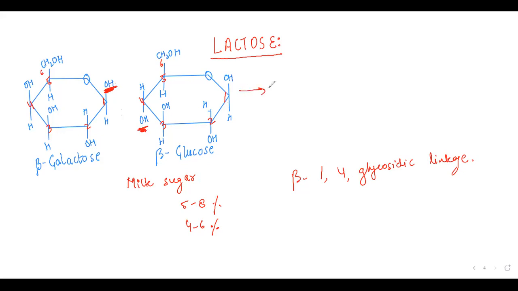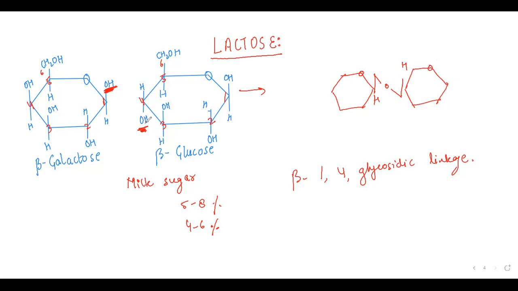So this kind of bond will look something like this. We have hydrogen and oxygen and hydrogen, and the rest of the structure remains the same.